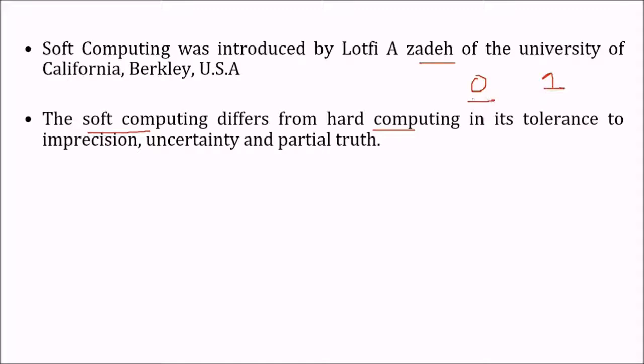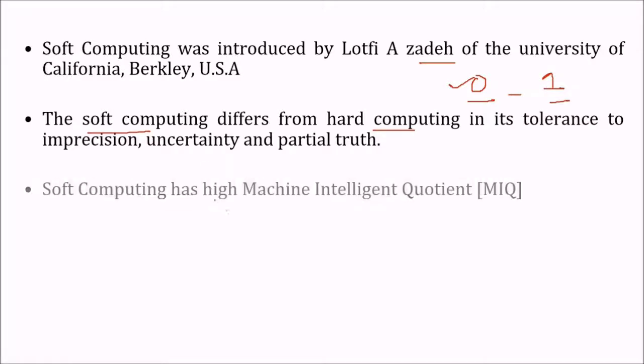Zero means a switch is off, one means the switch is on. Can you imagine there can be a possibility that neither the switch is on nor the switch is off. So there is a certain in-between characteristic. How to define that? How to model it? How to analyze it? This is the imprecision, the uncertainty, and the partial truth.